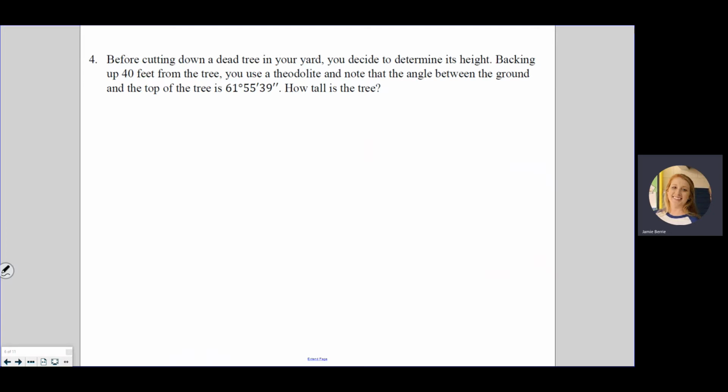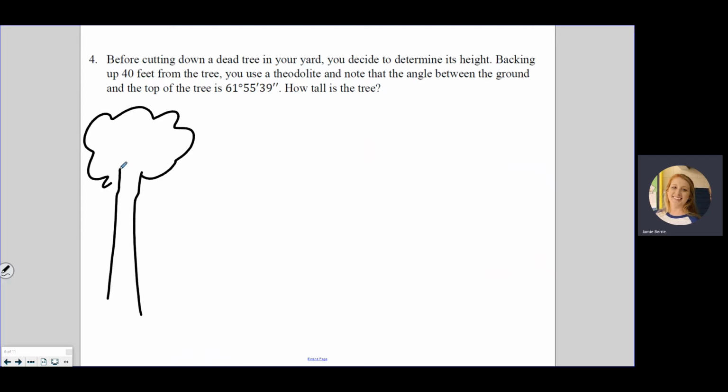So let's draw a picture here. We're going to draw a little tree. Drawing the picture always helps you visualize what trig function you should be using. We back up 40 feet from the tree, and then we use a theodolite to measure the angle from the ground to the top of the tree.